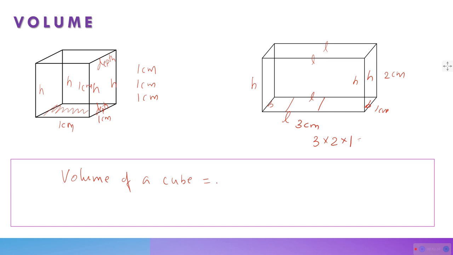But in the case of a cube, all are equal, so we will write L cube, or side to the power of 3. And in the case of a cuboid, we will write length into breadth into height, because there is a very real possibility that these 3 will be different.